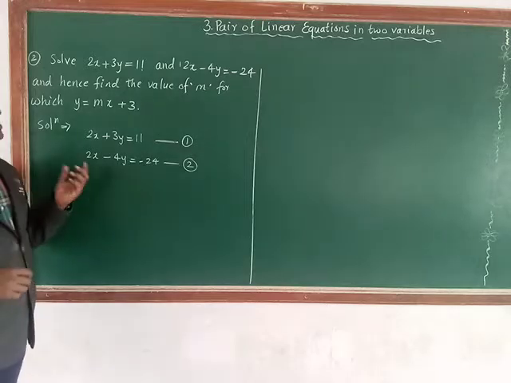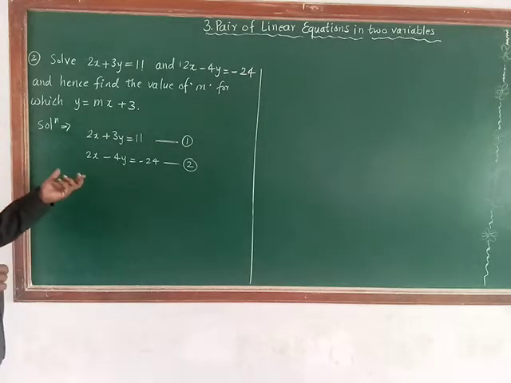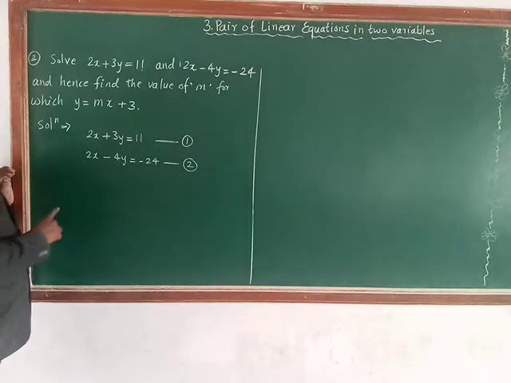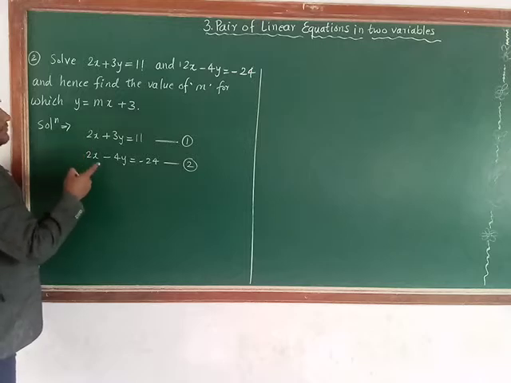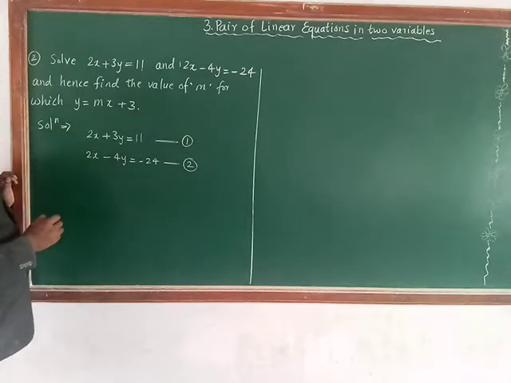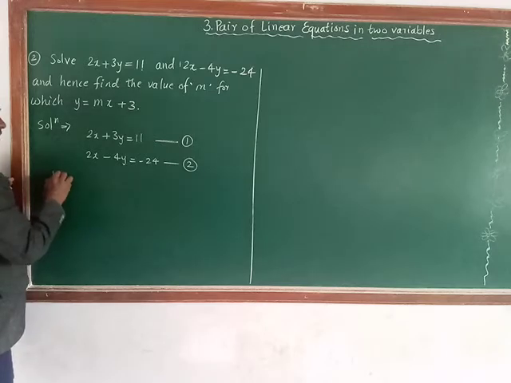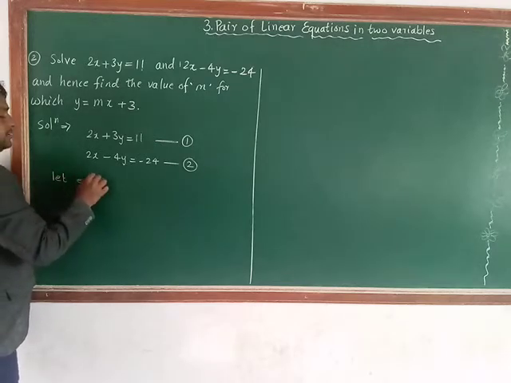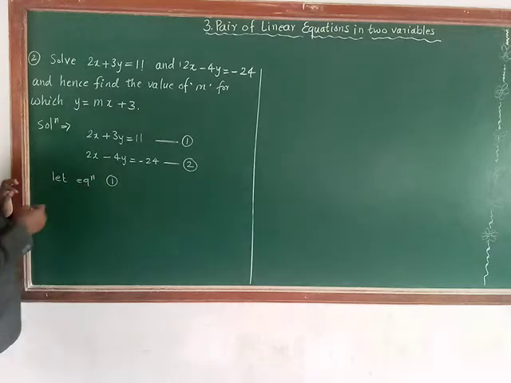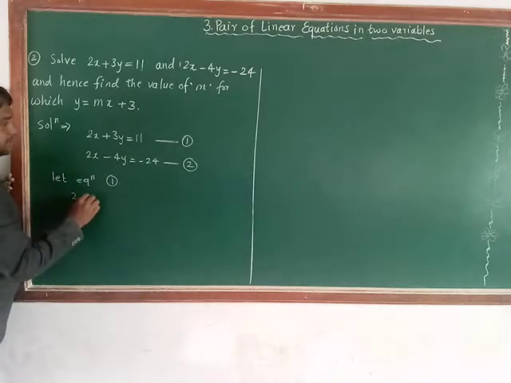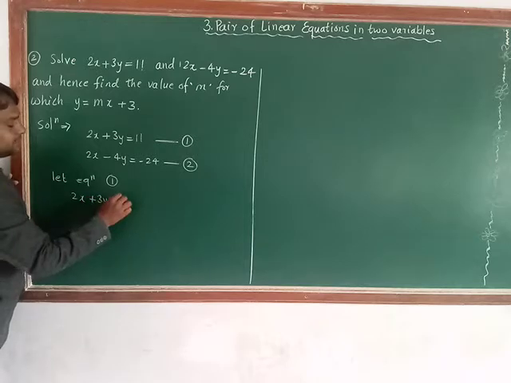Using the substitution method we are going to solve this pair of linear equations. Let's take either equation 1 or equation 2. I am taking equation 1: 2x plus 3y is equal to 11.